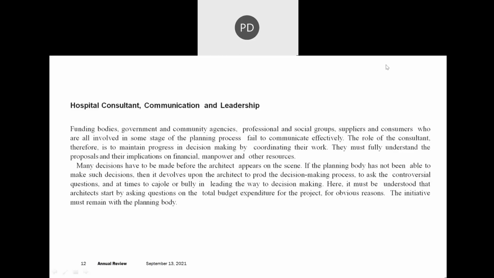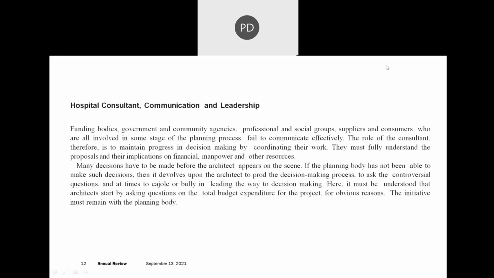Now they must fully understand the proposals and their implications on financial, manpower and other resources. So all these people who would be involved later on should have a clear understanding of the project, that what are the financial needs, how much we have, what is the capital investment we are making, how much manpower we are having, and what other resources we are having.